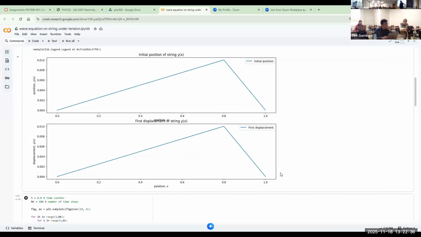Having done that, this top plot here is the initial location of the wave, and this second plot here is the wave after this first clock. And look, they look almost exactly the same. They're not exactly the same. You see that the wave propagates, but they look the same because my time increment was just 10 milliseconds.